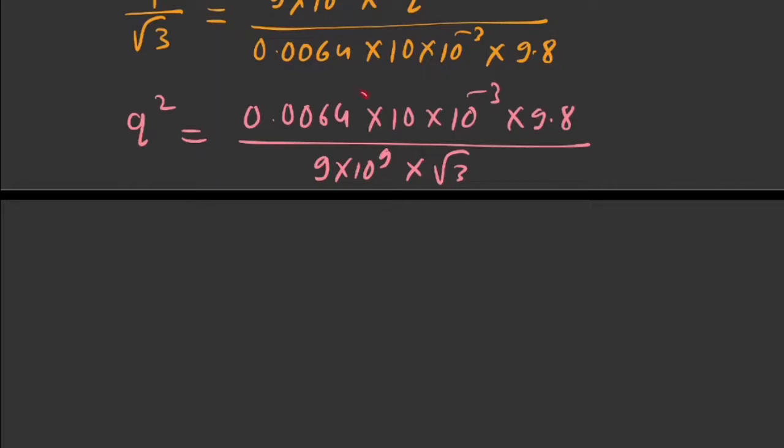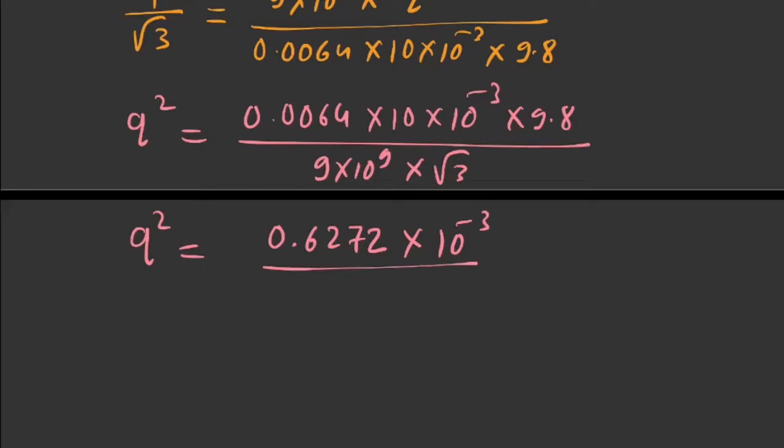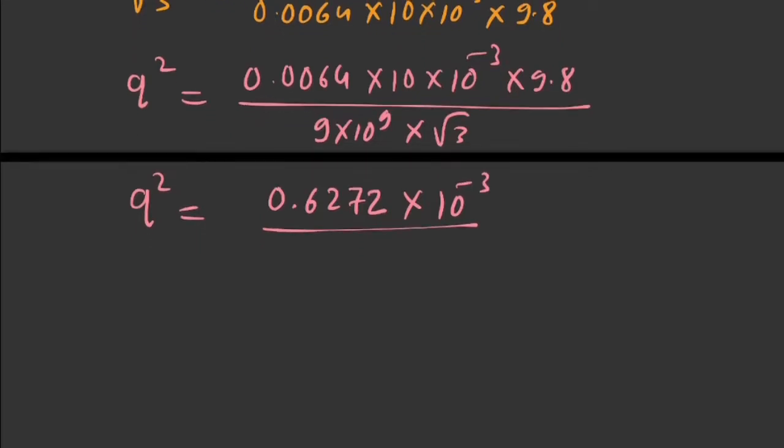Now what is the value of 0.0064, 10 and 9.8? When you multiply, q square becomes 0.6272 into 10 to the power minus 3, the exponent remaining here, divided by 9 into 10 to the power 9 into the value of root 3.